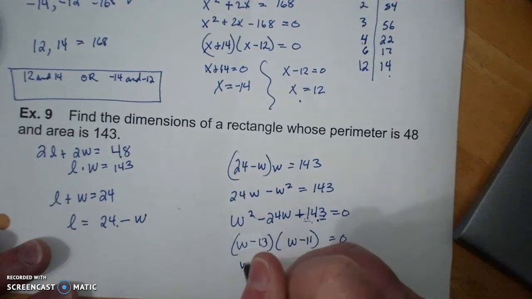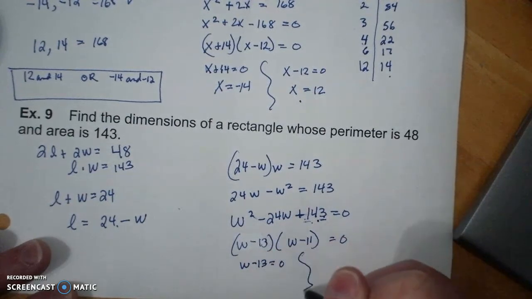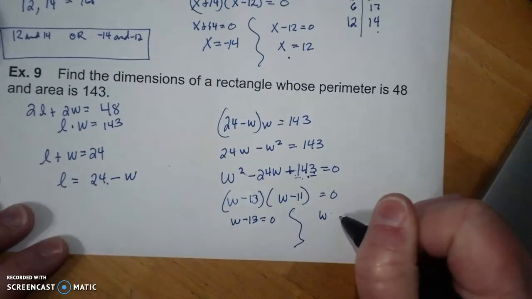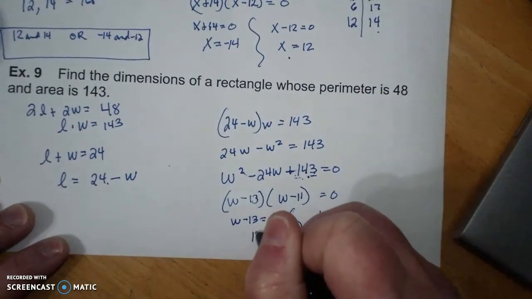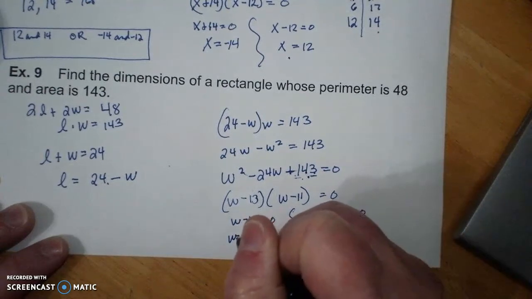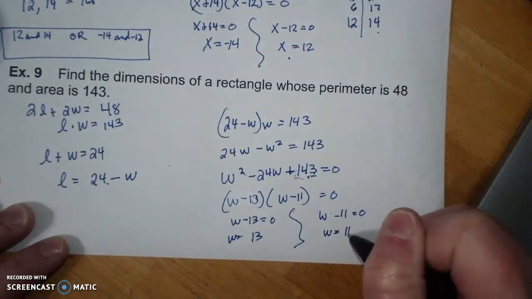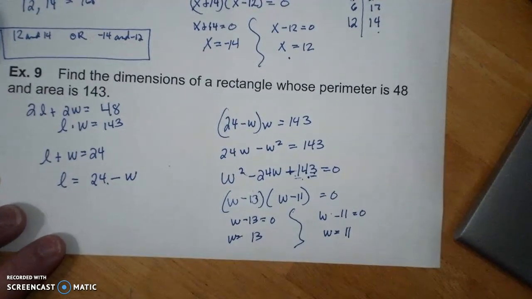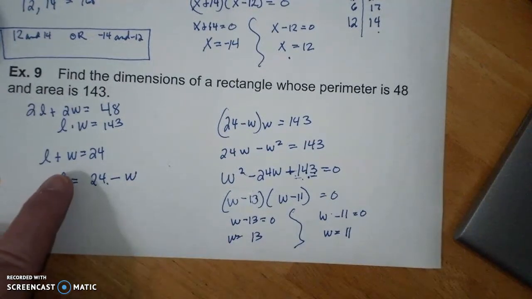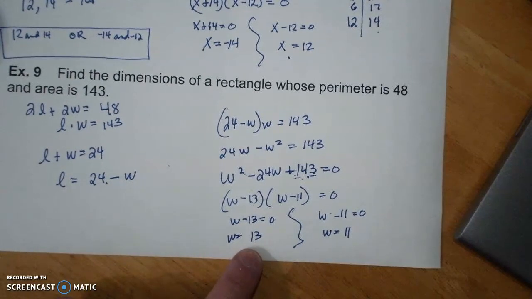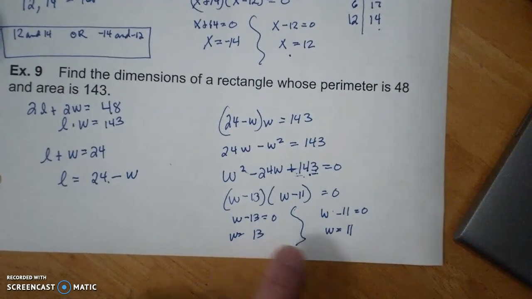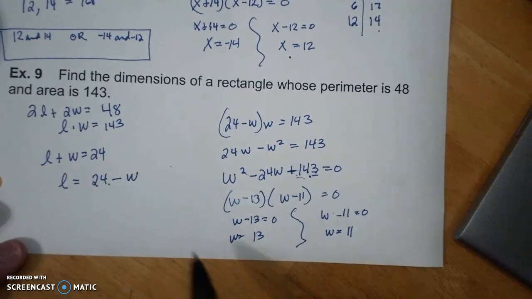So W minus 13 equals 0, or W minus 11 equals 0. So W equals 13, W equals 11. If I do 2 times 13 is 26, and 22 is 48, and that multiplied works.